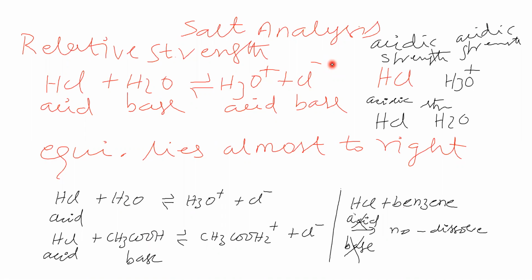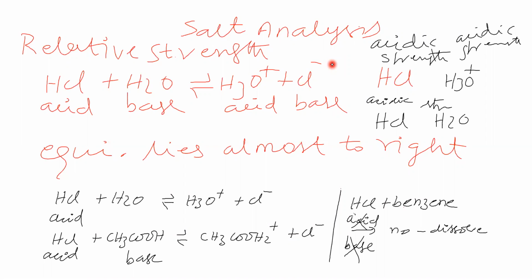Therefore, all substances possess acidic nature as well as basic nature. In one case water is acting as an acid, in another case as a base. CH3COOH acts as an acid in one case and as a base in another.